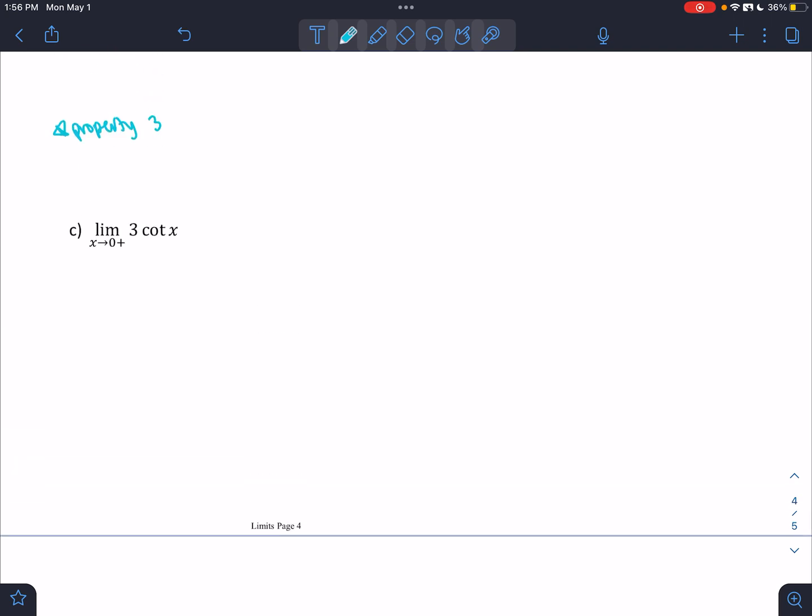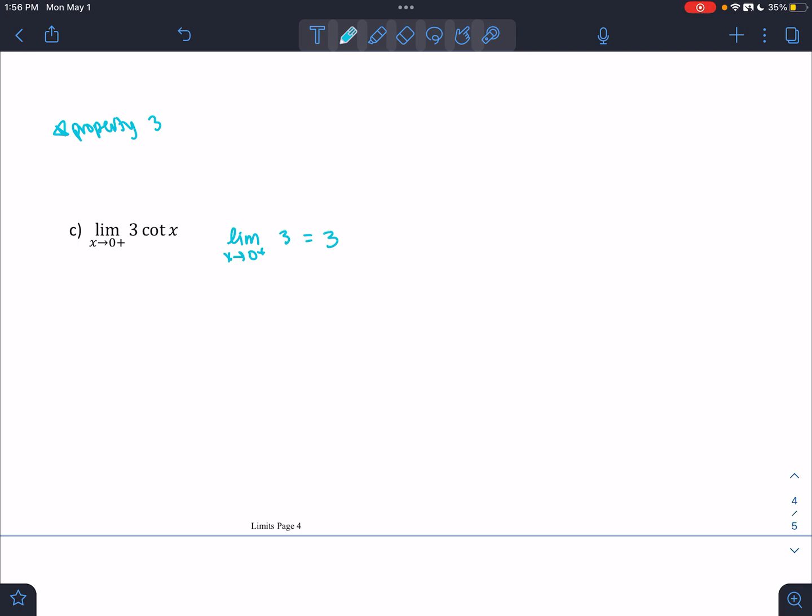Alright, we've got one more. We're going to take the limit as x approaches 0 from the right of 3 cotangent of x. Here the 3 goes in front, so we've got 3 times whatever our limit is. If you wanted to separate these as a product, the limit as x approaches 0 from the right of 3 is 3.